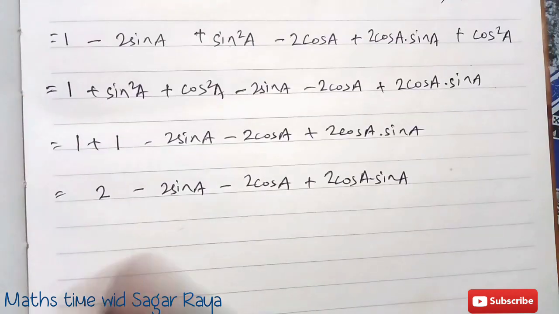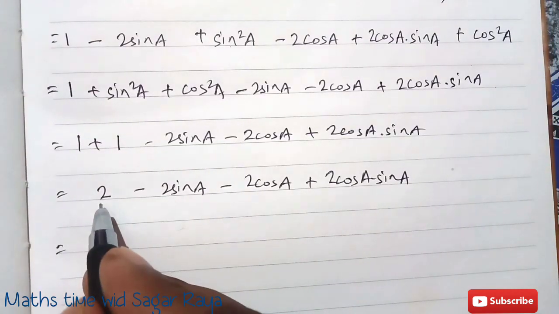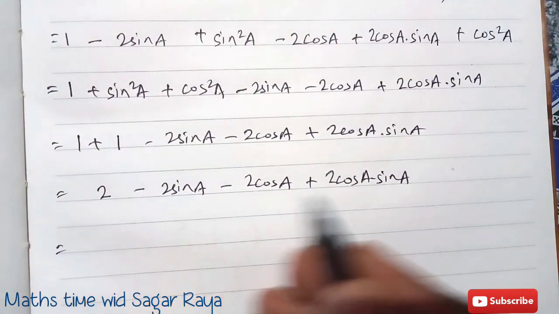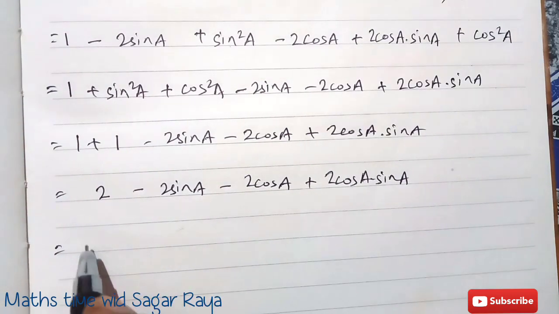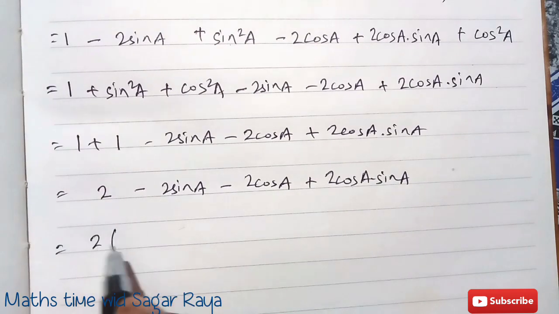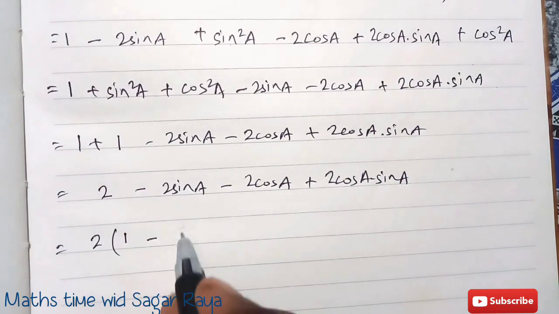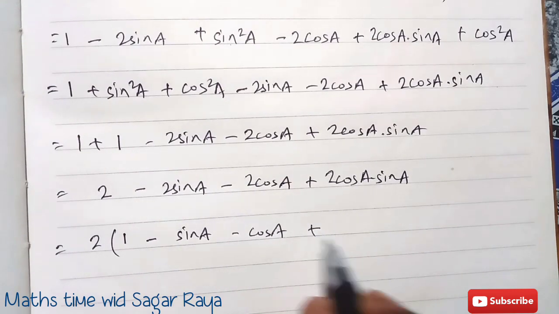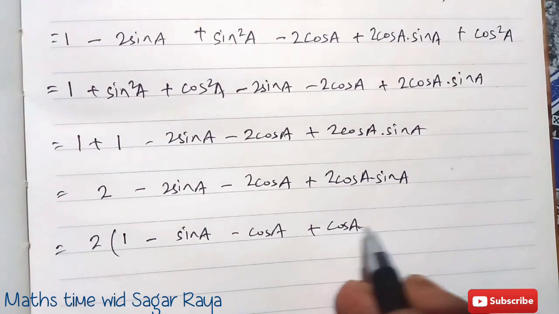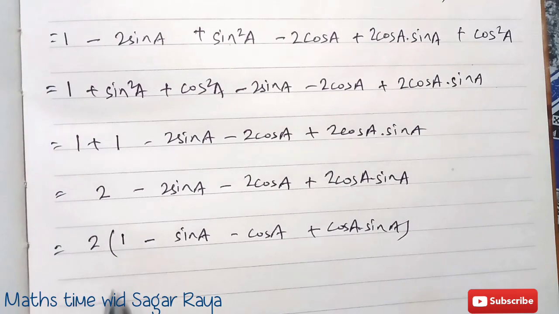And here in every term there is a 2, so you can take 2 common. If you take 2 common, here remains 1 minus sin a minus cos a plus cos a sin a.